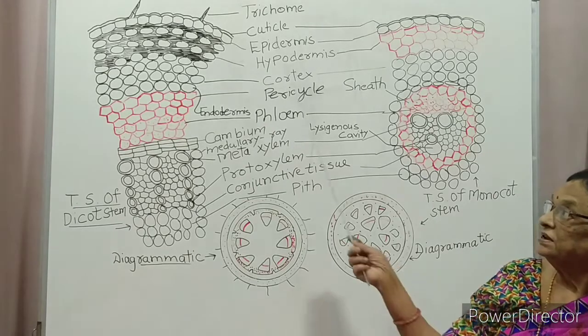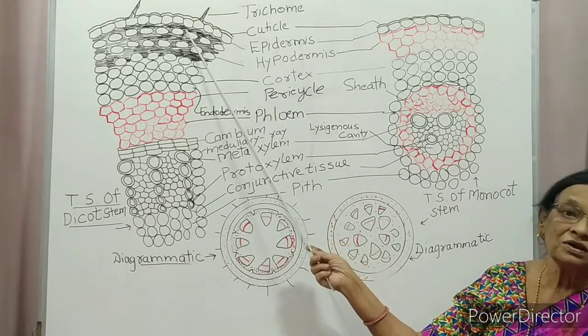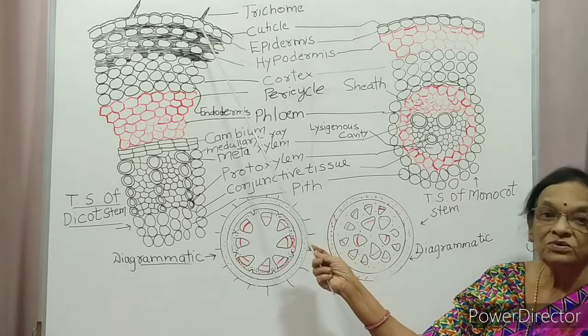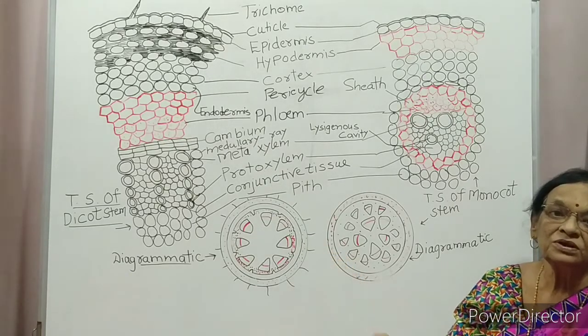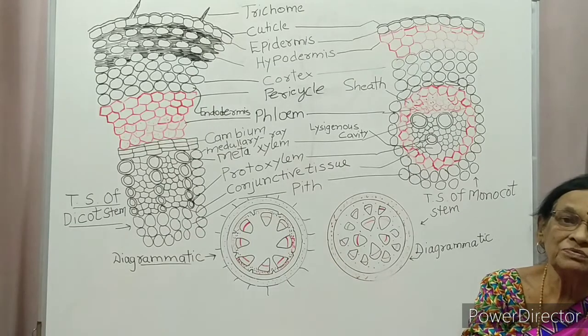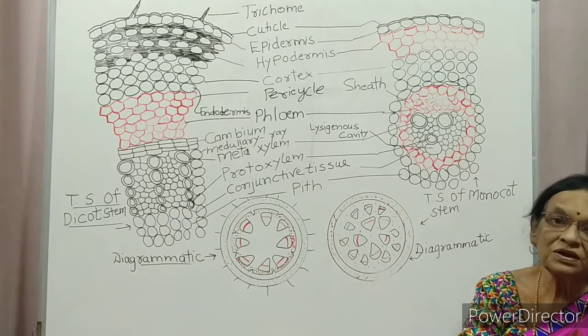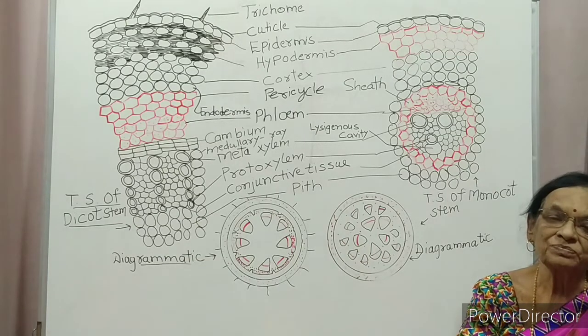You have studied that all aerial organs have epidermis covered with cuticle. This cuticle is impervious to water, meaning water cannot go out from the stem.